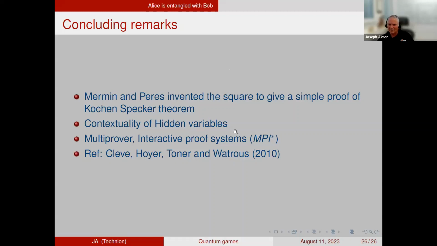The acronym is MIP, and the star means that you're allowed to use entanglement. And one nice reference for various quantum games is this paper by Cleve, Hoyer, Toner, and Watrous. And now I'm done, and I'll stop sharing.